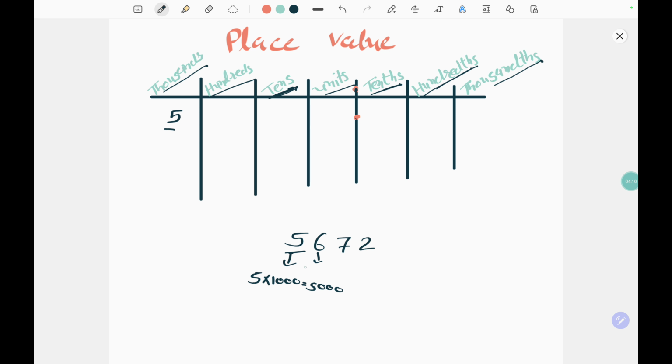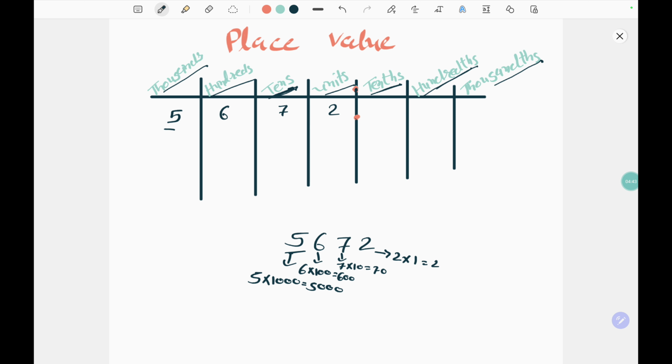Let's see 6. 6 is at the hundreds place, meaning 6 times 100 equals 600. Now let's see 7. 7 is at the tens place, so 7 times 10 is 70, and we write it in the tens column. And 2 is at the units place, so 2 times 1 equals 2, and we write it in the units column.